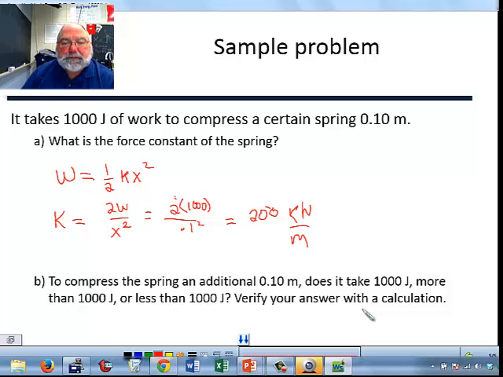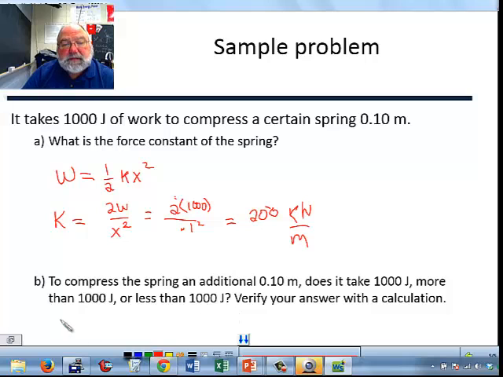Well, if we square the number, it's going to become larger. The amount of work needed to compress the spring an additional 0.1 meters is going to be more than 1,000 joules. At least that's my estimate. So let's go ahead and try this out.